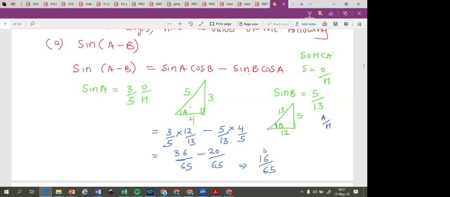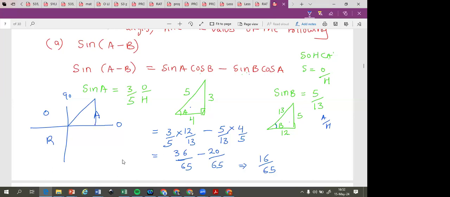Now, you always need to take note. Since they told us in the question that the angle is an acute angle, we use the first quadrant. Because we know that in our quadrants, this is what we call the acute angle. We have the obtuse angle and the reflex angle. So do not forget that acute angles are between 0 and 90. So your triangle is always in the first quadrant.